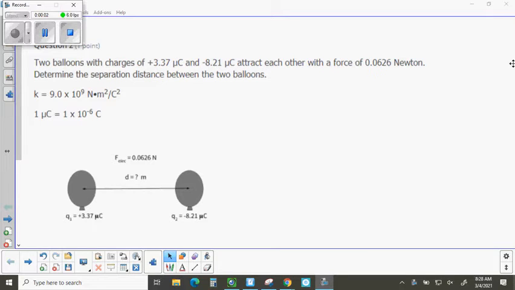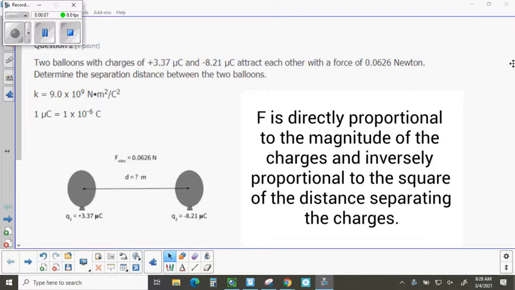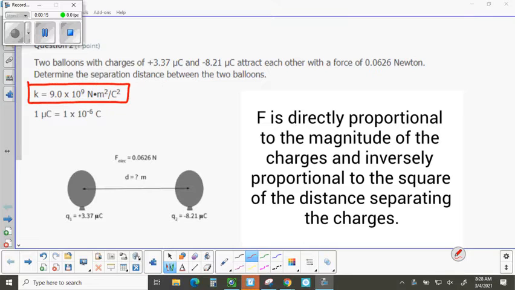So this is question number 2. And again, we have the constant K, which is always the same in air. And this problem talks about 2 balloons.